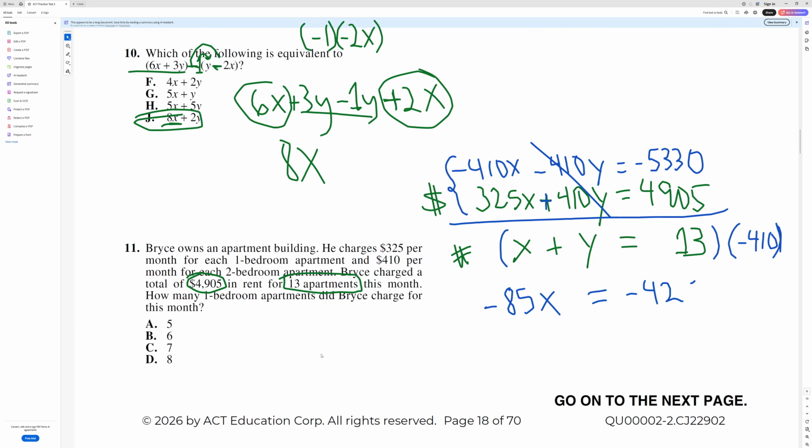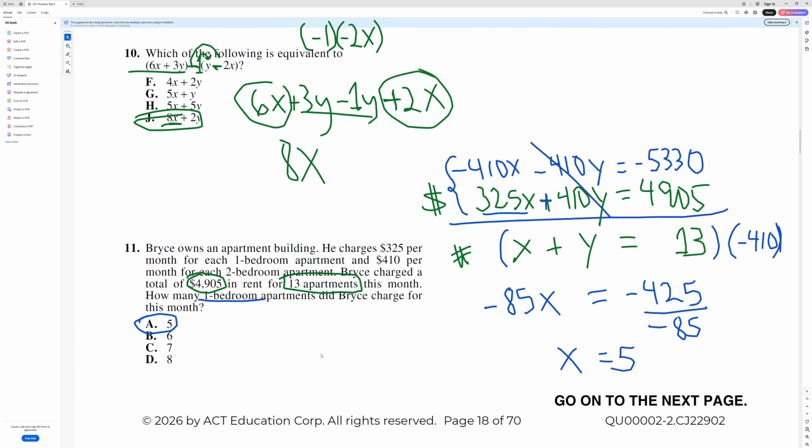Use your calculator to divide a negative by another negative, negative 85, to get the value of x, and you get that x is equal to 5. So the answer is the one bedroom, the one that he charged fewer dollars for. So the answer is 5.